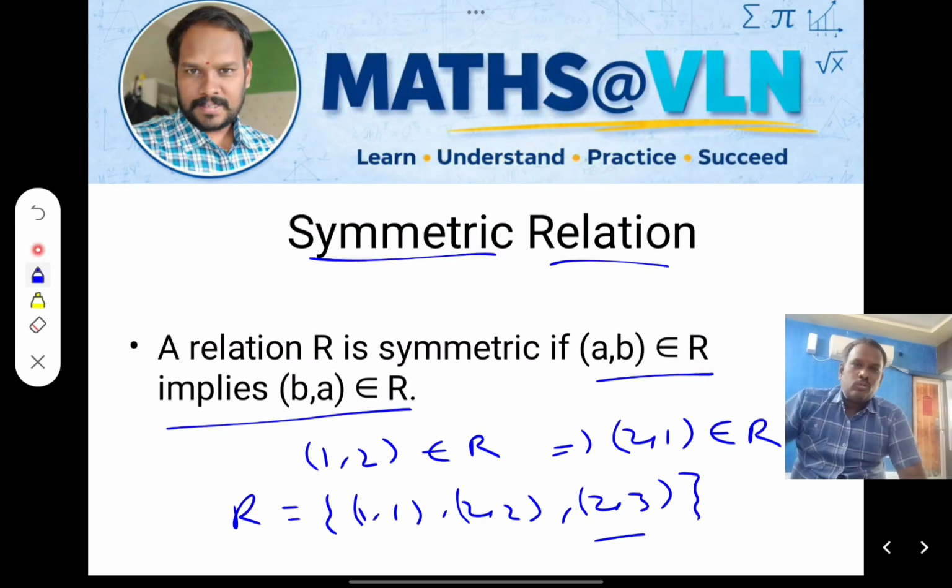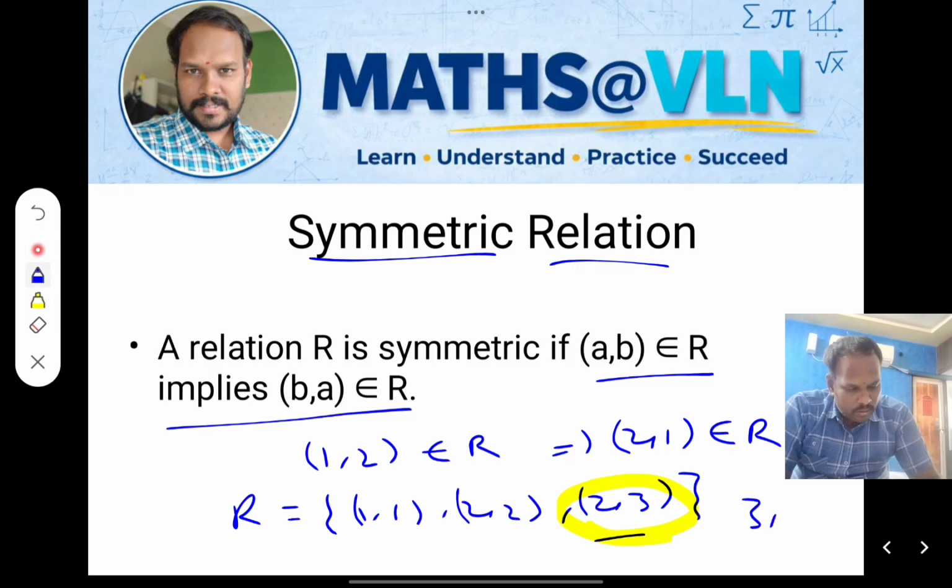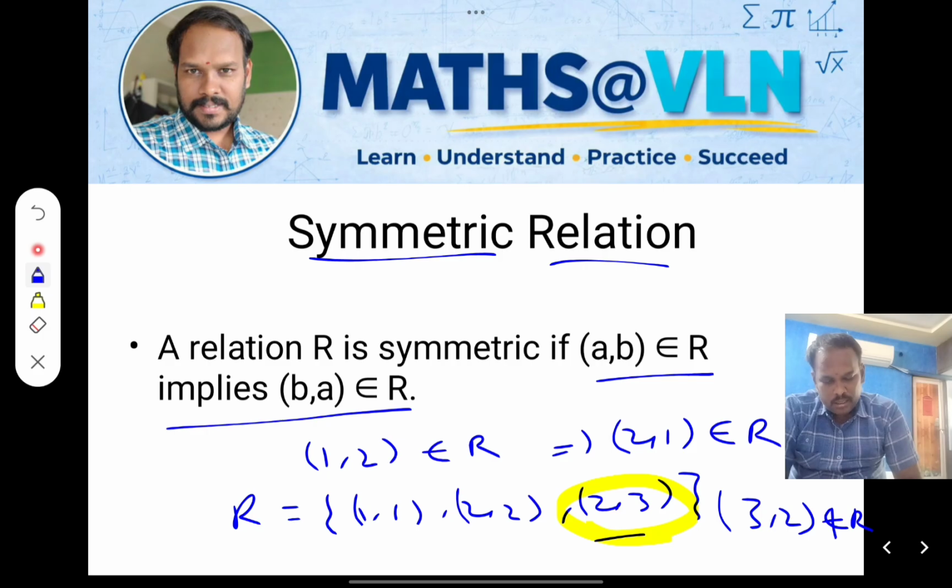Here (2,3) is there, but (3,2) is not there. It does not belong to that relation. So it is not symmetric.